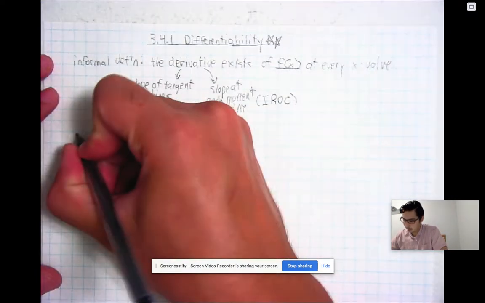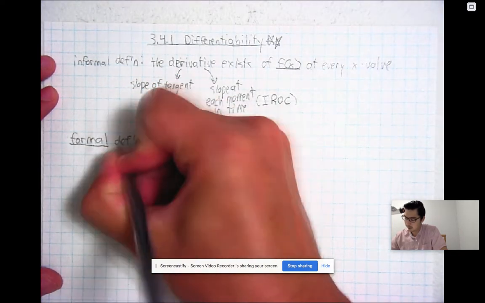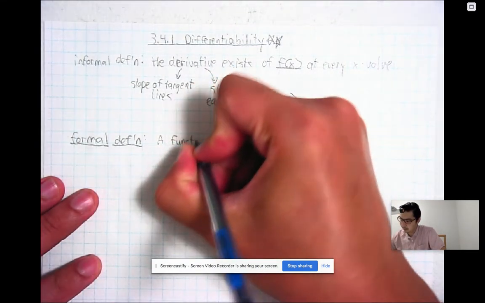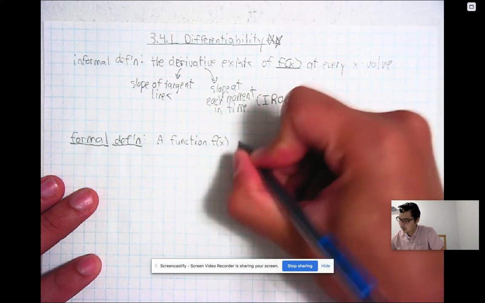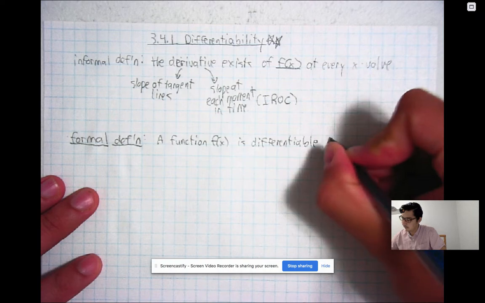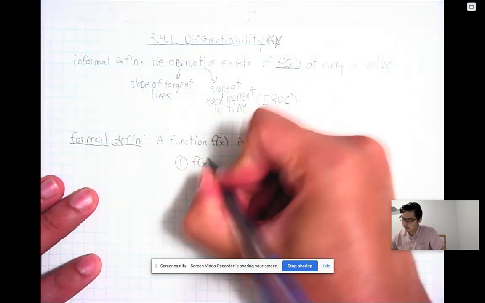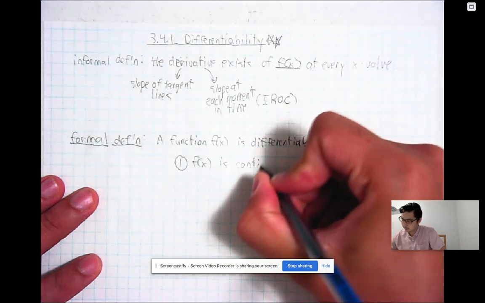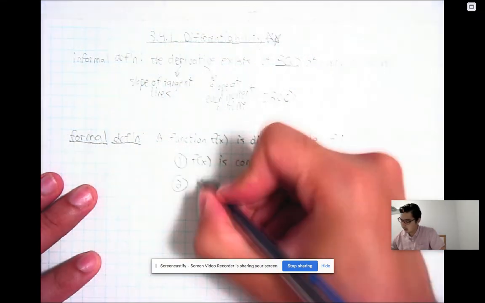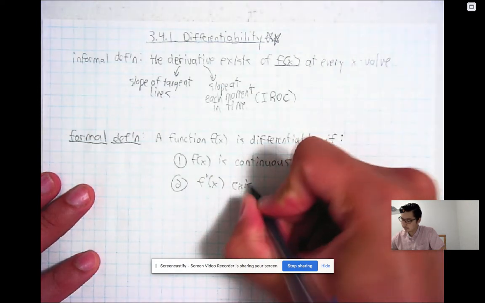Now, the formal definition of differentiability is 2 parts. So a function f of x is differentiable if 1, the function f of x is continuous, and 2, if the derivative exists.